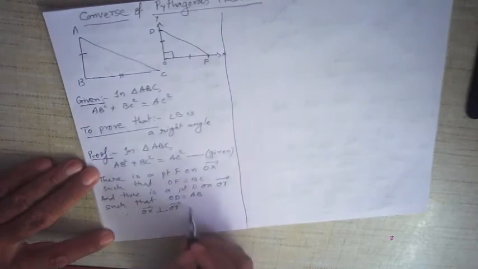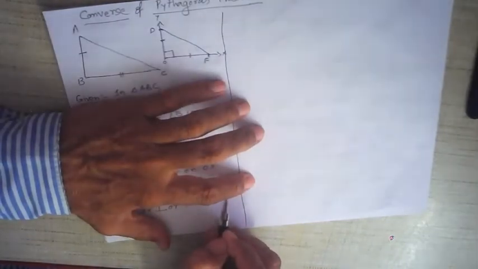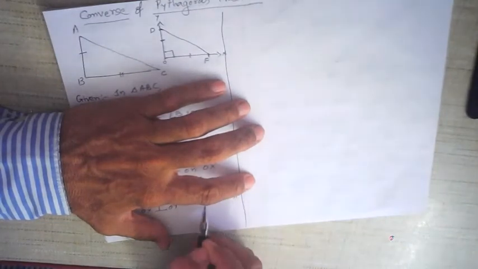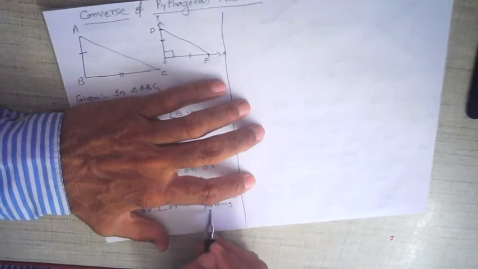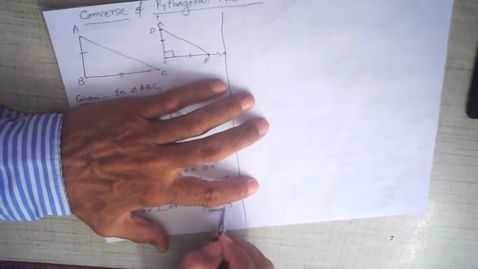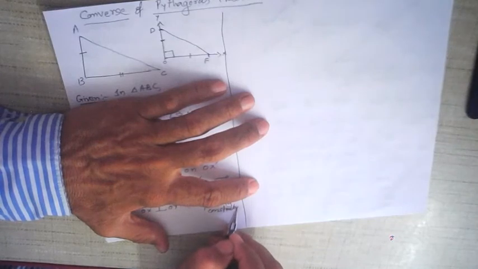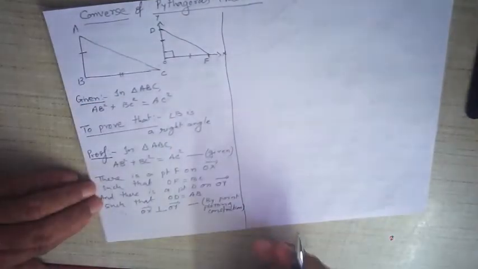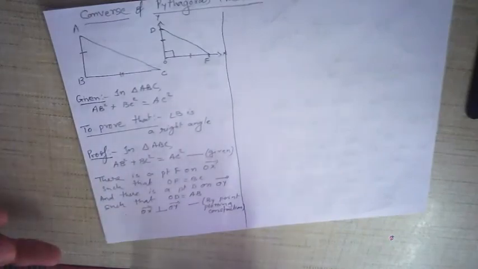All this is by construction, by point plotting theorem, or simply by point plotting construction. We have just constructed it. Even if you write in bracket 'by construction', it's okay.